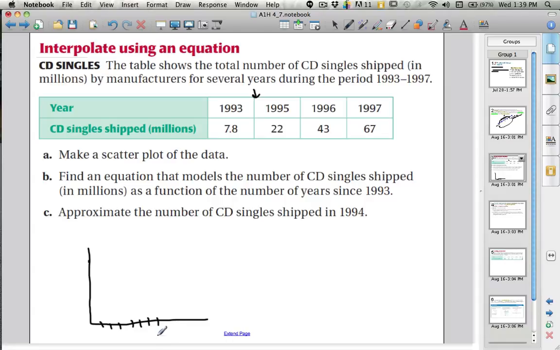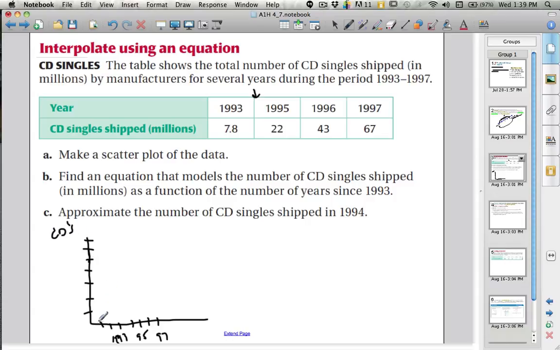This is 97. So this is 90, 1, 2, 3. This is 93. And then we have 4, 5. That's 95. And then we have 6 and 7. And then we've got these numbers: 10, 20, 30, 40, 50, 60, 70.